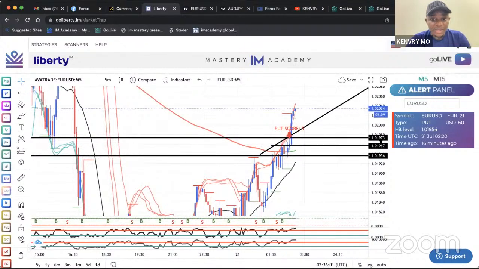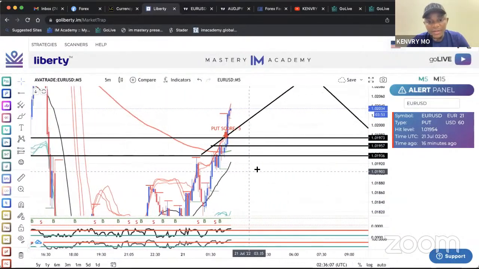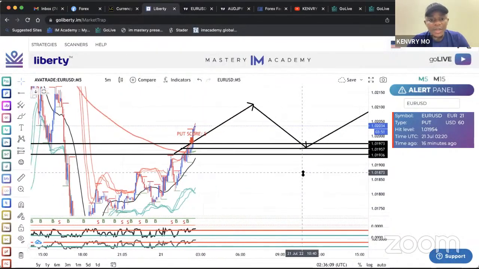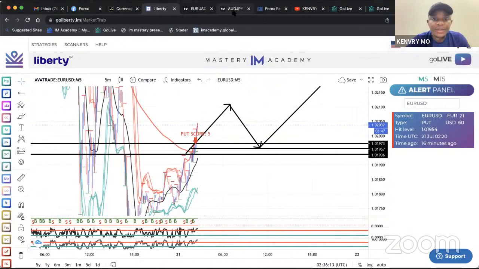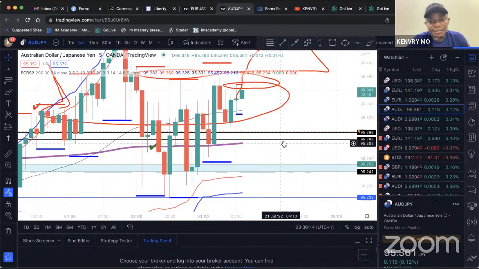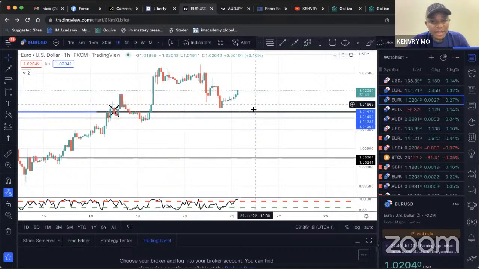And 973 is a floor here. Give it respect. It's going to pay you when you respect it. So that's two trade ideas you guys have right now.